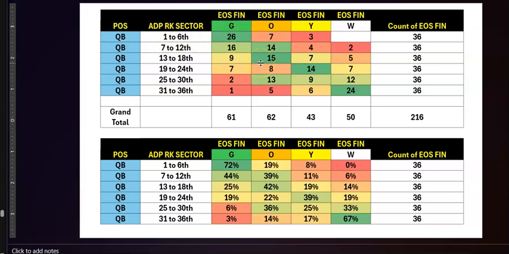So you better be damn good if you say you can beat your draft position here. So I would look at these metrics and really see what it tells me.